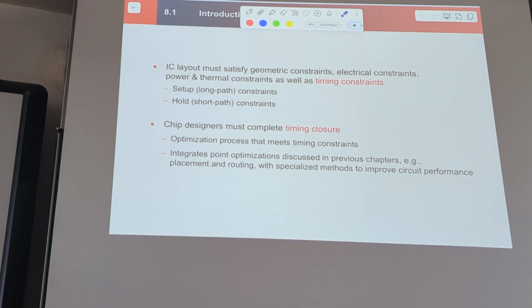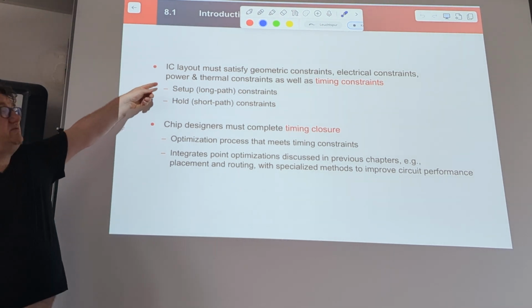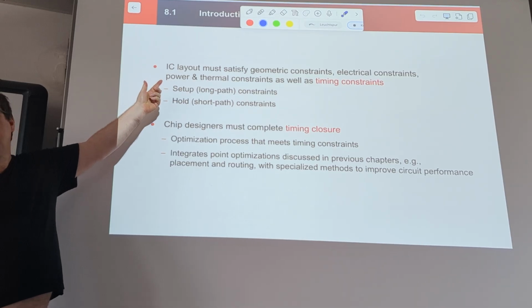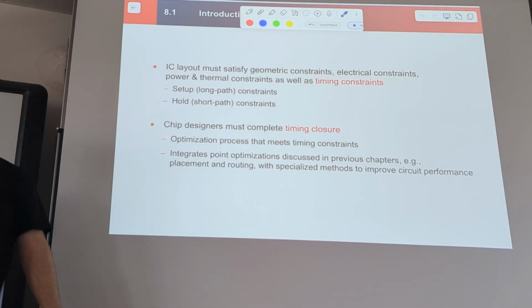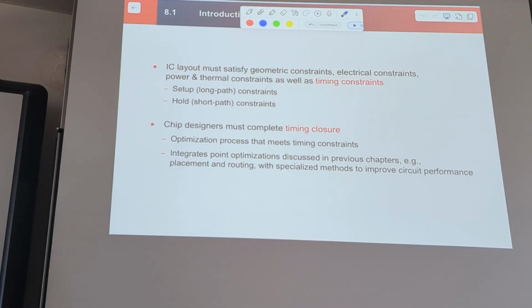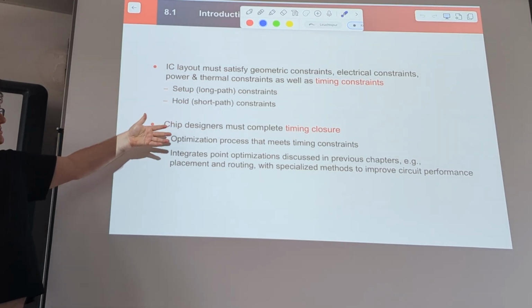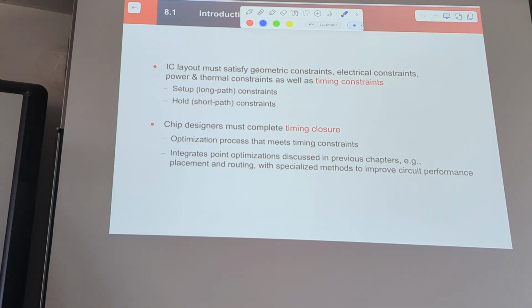That is something on top. But it turns out you're normally working much more on this here, and hold time violations can be fixed by introducing delay, which is normally not that complicated. And to achieve these timing constraints, to achieve your speed requirements, that's called timing closure.